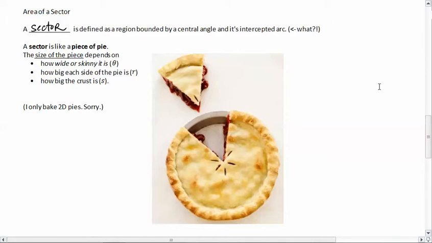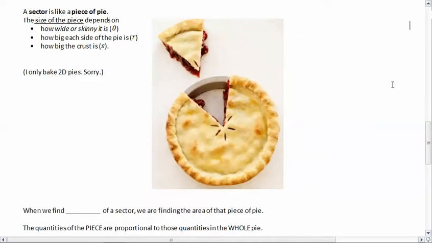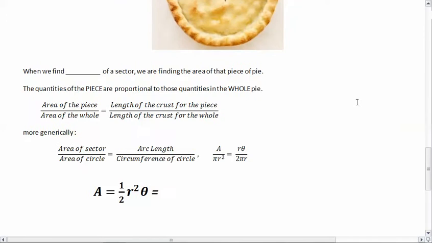And how big the crust is, which is S. So we want to know that full size again. R and S are related by theta, obviously. And I only bake 2D pies, so we're not really worried about the height right now. So when we find the area of a sector, we are finding the area of that piece of pie. That's what we're looking for.